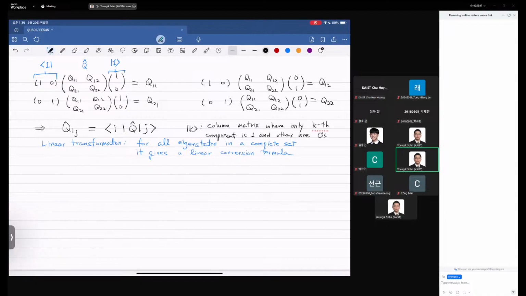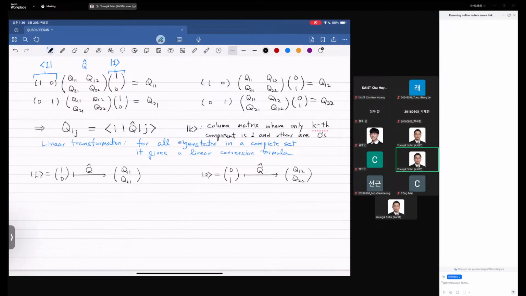Say you have the input 1, 0 and apply this operator to this quantum state. That is essentially calculating this, and you extract the left column of the matrix: Q11, Q21. And if you have 0, 1 and apply the Q operator, you extract the second column of the matrix, giving Q12, Q22.